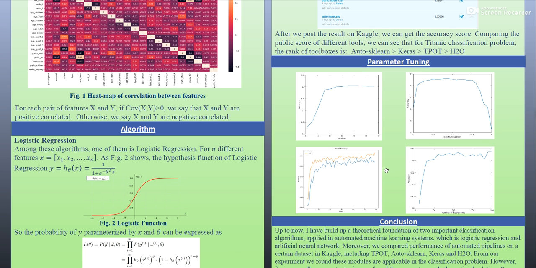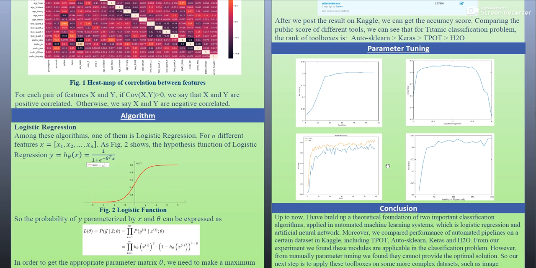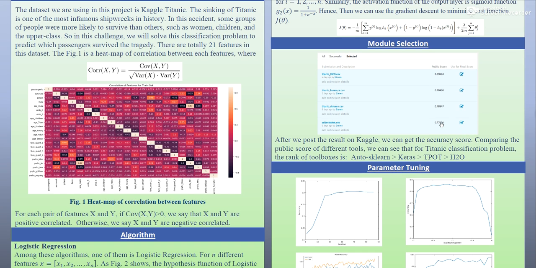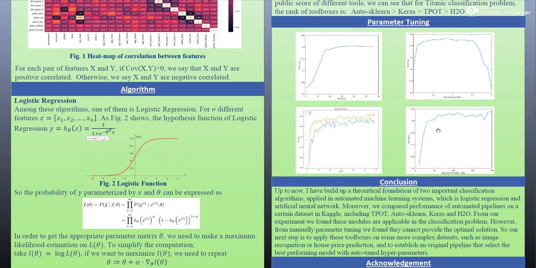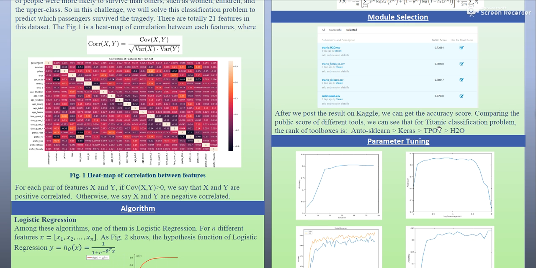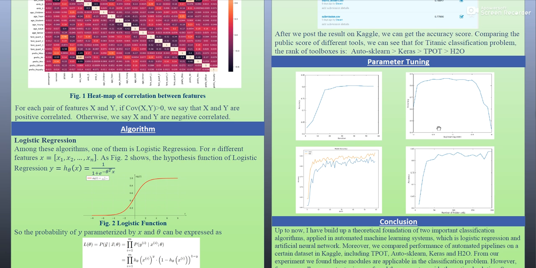From these figures, we can see that the optimal accuracy of both algorithms is higher than 80%, but none of the scores in the automated module is greater than 0.8. So it means that the automated module is not as good as the manually tuned parameters.